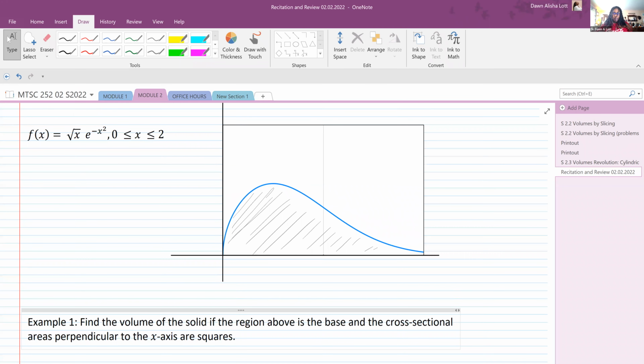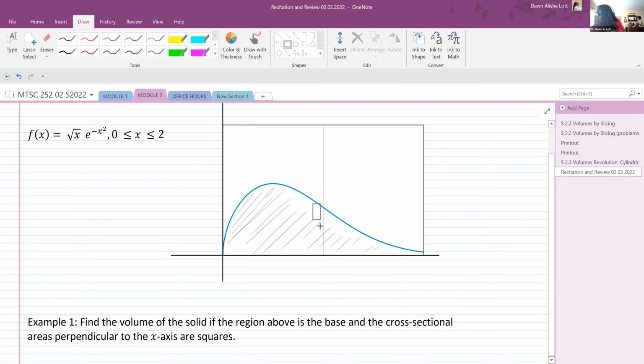Okay, so that means that there are squares sticking up out of this, so at every x, there is a square that is sticking up perpendicular to the x-axis.